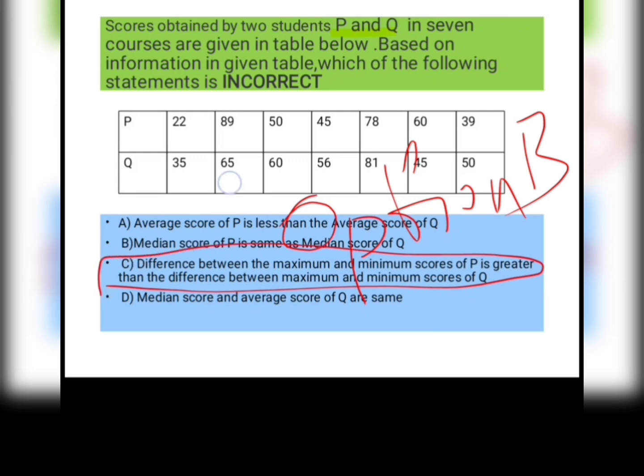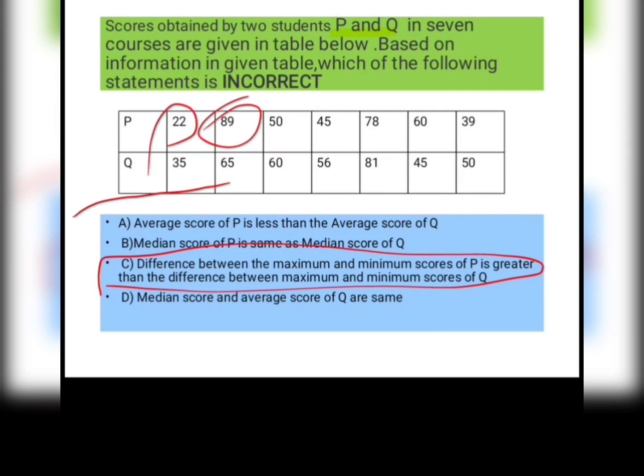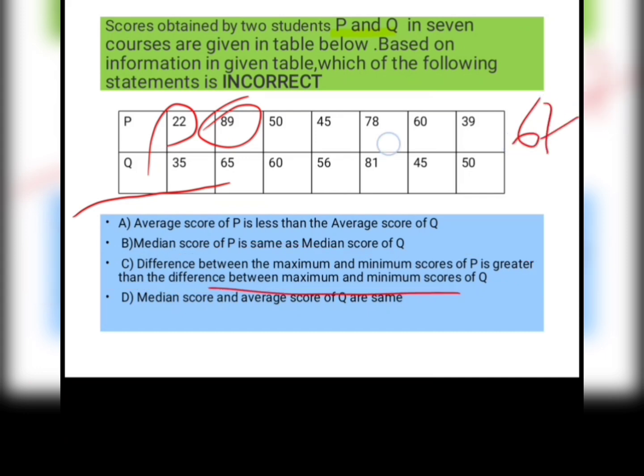In the third statement, it is given the difference between maximum and minimum scores of P. What is the difference between maximum and minimum score of P? Maximum score of P is 89, minimum score of P is 22. 89 minus 22 is 67. What is the difference between maximum and minimum scores of Q? Maximum score of Q is 81.